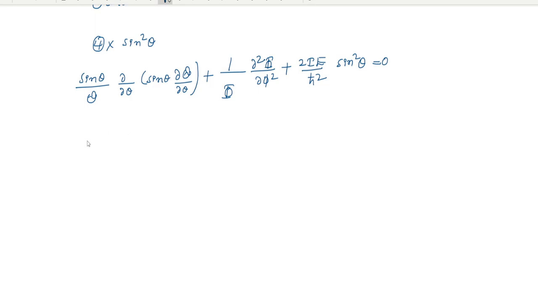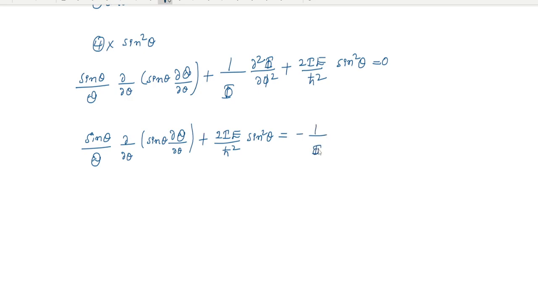So therefore we are going to write this equation like this: sine theta divided by theta, dou by dou theta, sine theta, plus 2ie divided by h cross square sine square theta equal to 1 divided by pi, dou square pi divided by dou pi square. So this is equation number 5.